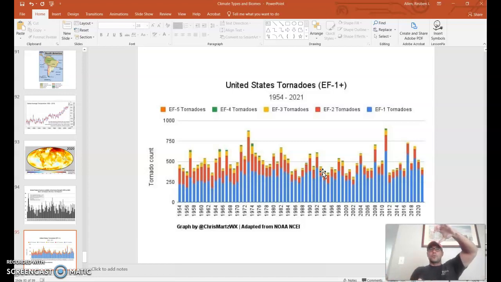So if that air from the north is not as cold as it normally would be, then that convergence with southerly air, or air coming from the south, is not going to be as intense and thus is not going to create as turbulent conditions in the atmosphere. So that's a very important thing to keep in mind.